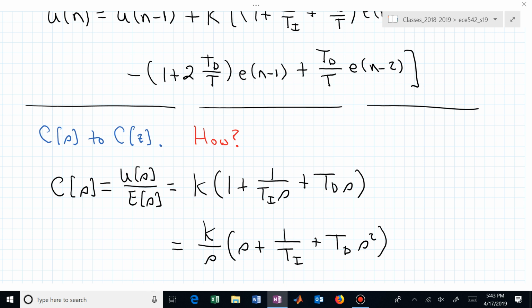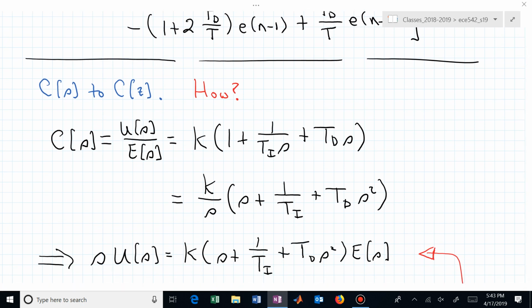Let's cross multiply, and now we have in the frequency domain a multiplication by S on our input signal to the plant. And then we have our error signal E scaled by a constant, an S, and an S squared. And we know what happens when we operate on some Laplace transform quantity by multiplication by S in the frequency domain. That corresponds to differentiation in the time domain.